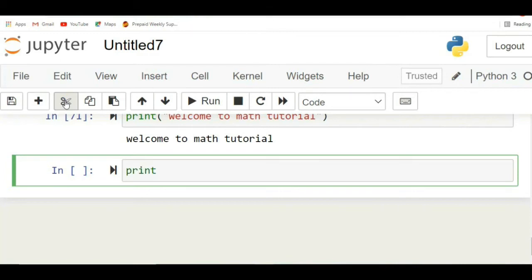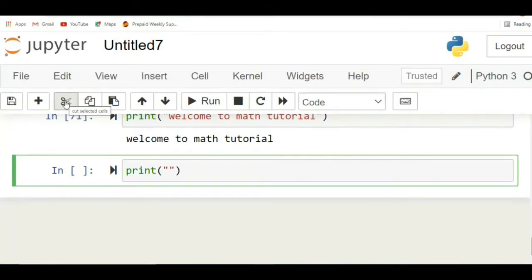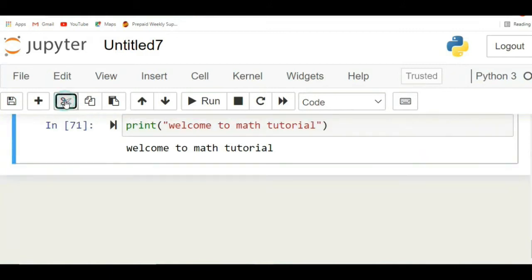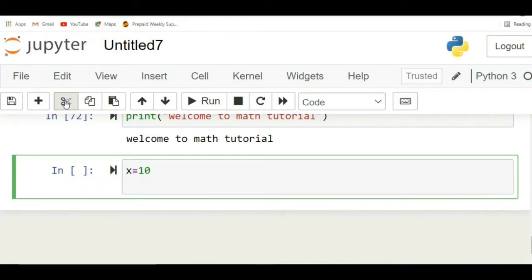And the next is print. We want to print the value of a variable. So you shall write over here x is equal to 10, and we want to write over here print.